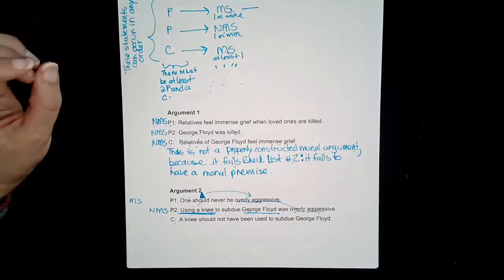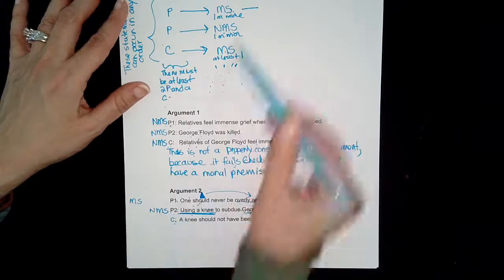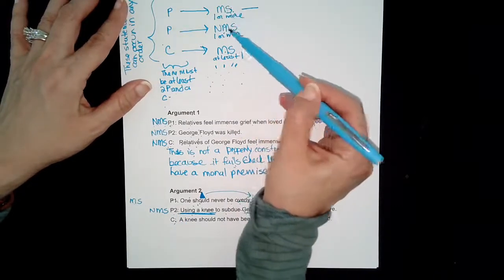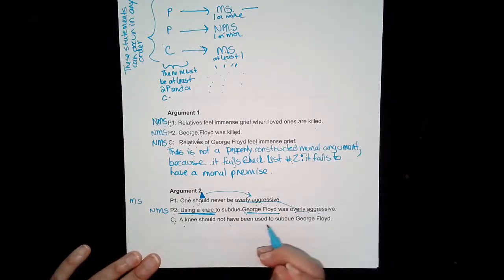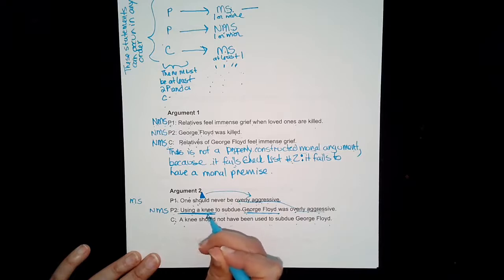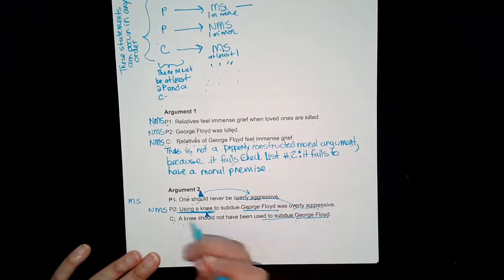Okay, so far it has what it needs to be a moral argument. It has a premise that's a moral statement, and a premise that's a non-moral statement. See that? Is our conclusion a moral statement? A knee should not have been used to subdue George Floyd. Yes, we have the word should, and this time it is talking about some particular person who did get subdued by the knee.